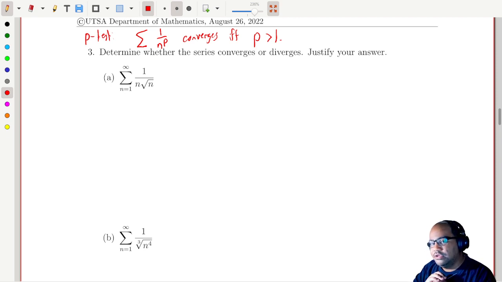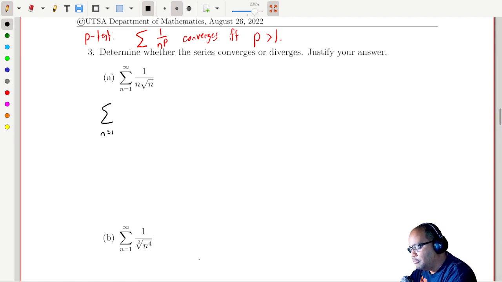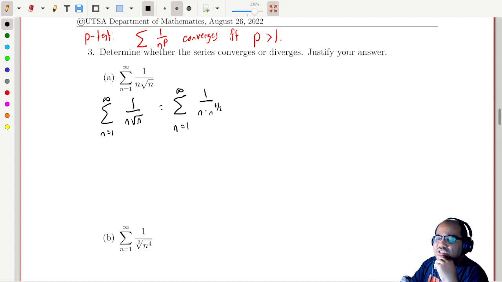Well, let's look at that first one, 1 over n square root n. Remember that the square root is actually a 1/2 exponent. So if I write the sum from n equals 1 to infinity of 1 over n square root n, the square root of n is just n to the 1/2, and I have n times n to the 1/2.